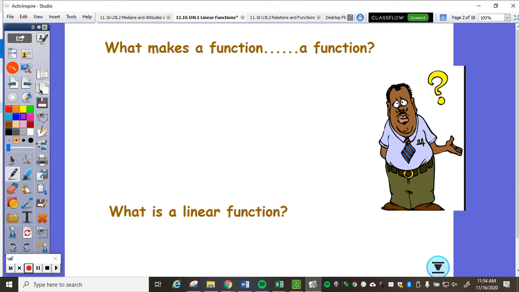All right, so what makes a function a function? Okay, good. All right, so the x goes to 1 y. It'll be the same y. Okay, it only goes to 1. All right, what else? If I'm looking at a graph, how do I know it's a function or not a function?